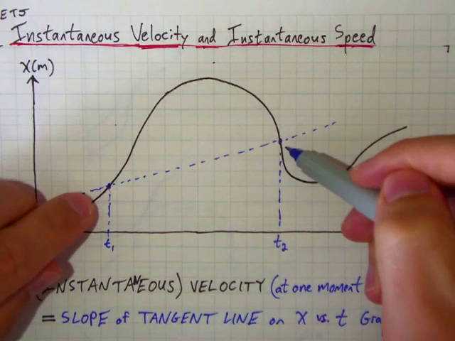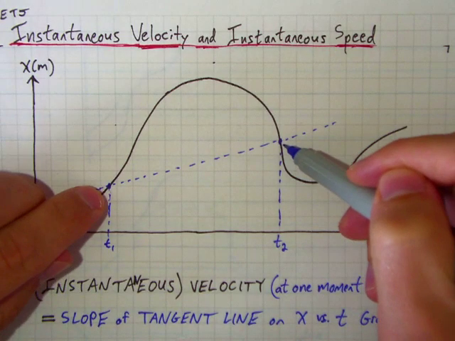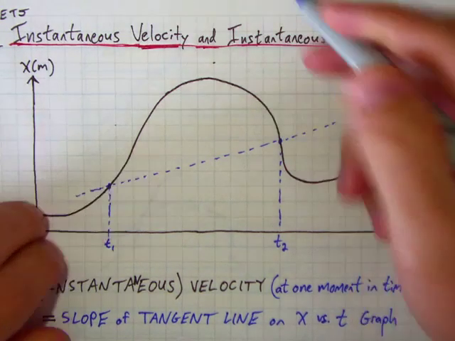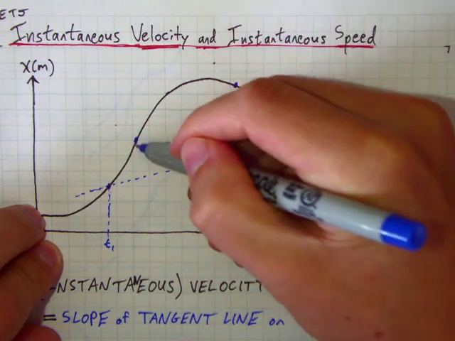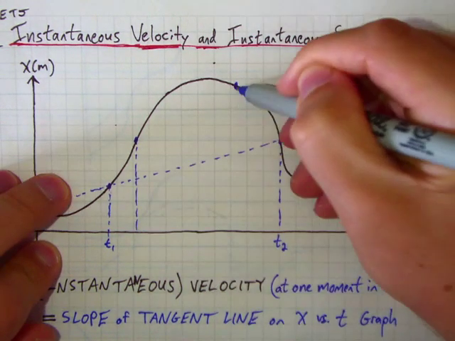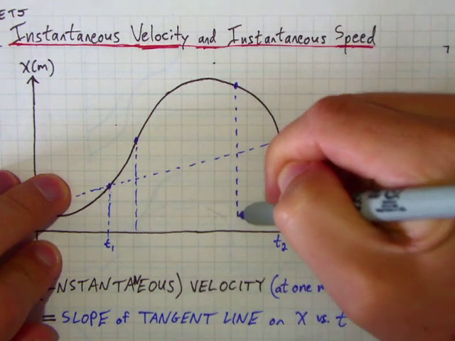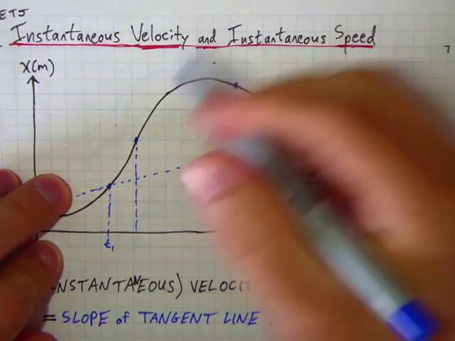Okay, let's imagine looking at 2 points that are closer together. Take these 2 events and slide them together here. What about the average velocity between these 2 events, these 2 moments in time that are closer together?